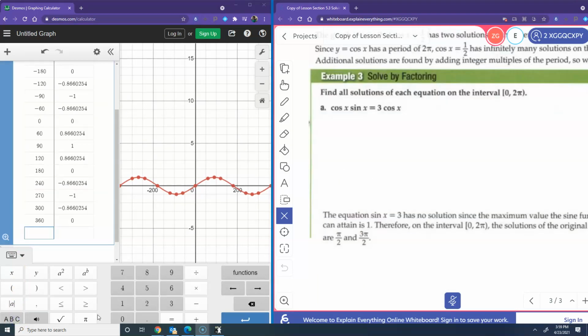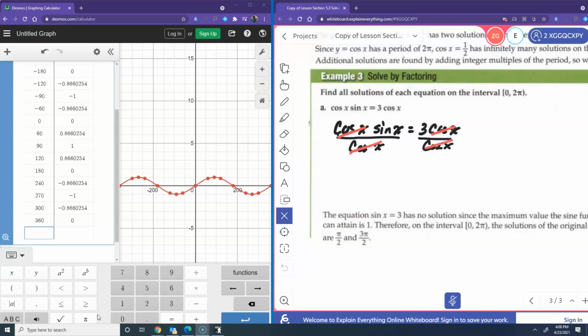Okay. So example 3, we have the sine of x equals 3 cosine of x. And so what we're going to do is divide both sides by the cosine of x, because we know that that's going to be 1.